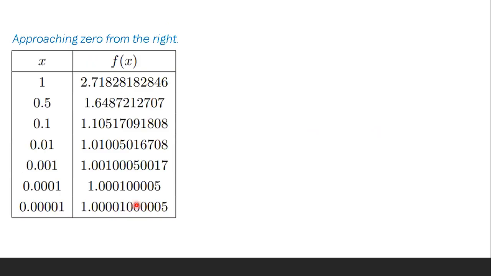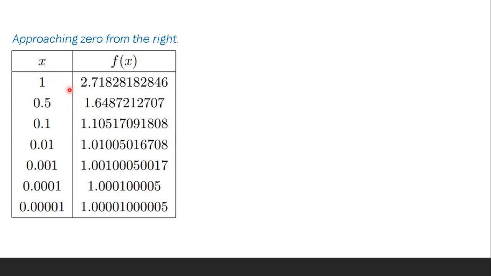How about approaching 0 from the right? Since the value of our c is 0, I chose 1 because if you create a number line, 1 is on the right side of 0.